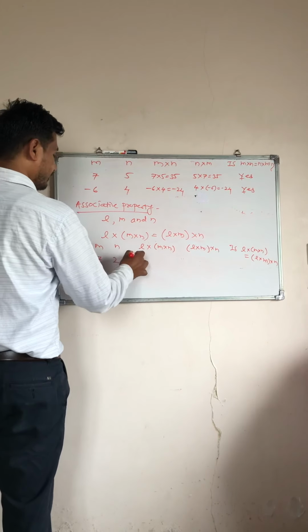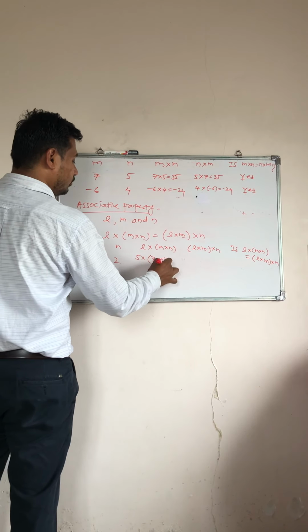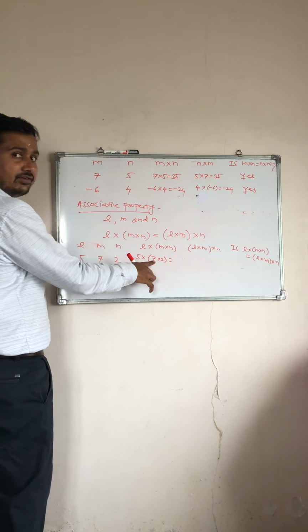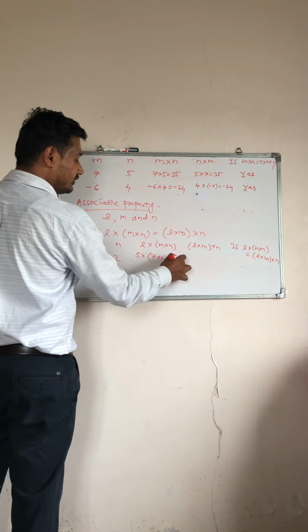Then we see 5 multiplied by 7 multiplied by 2. First we have to solve the bracket. 7 times 2 is 14. 14 times 5 is 70.